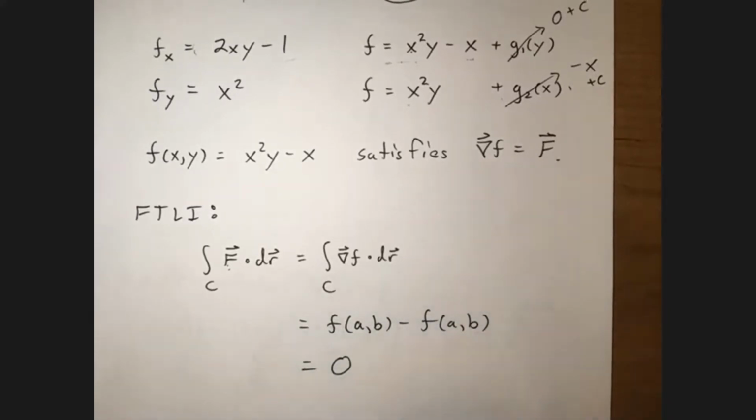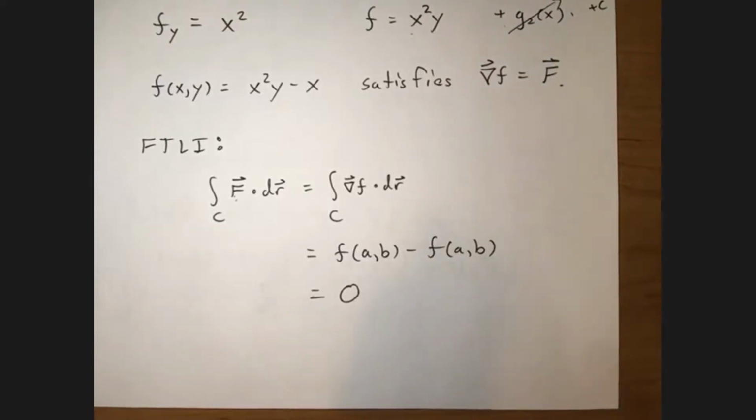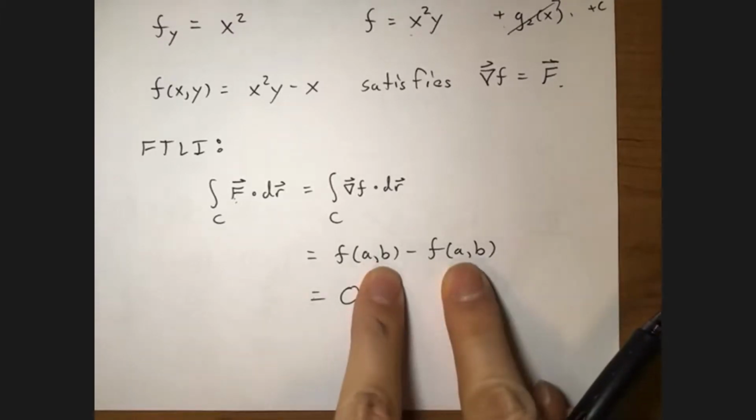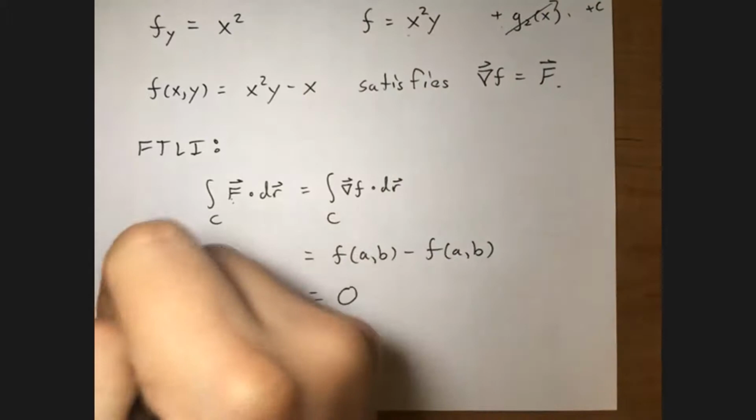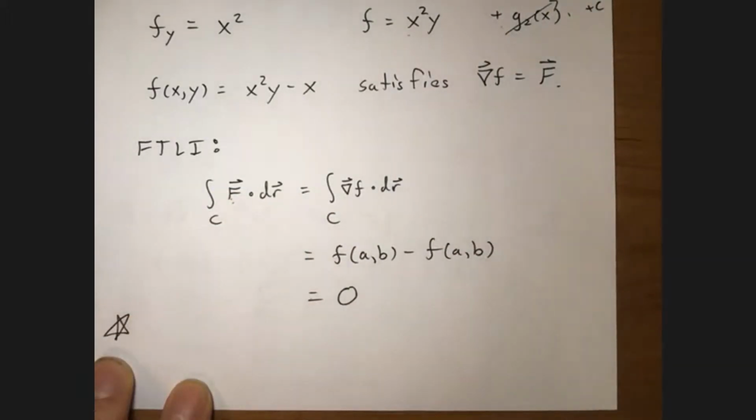And so this is a very important fact that we just learned, all right? If you have a conservative vector field and you do a line integral along a closed curve, you get 0. It doesn't matter what curve it is. If it's a conservative vector field, this is what's going to happen. So that's a very interesting fact that can allow you to solve some integrals very quickly.